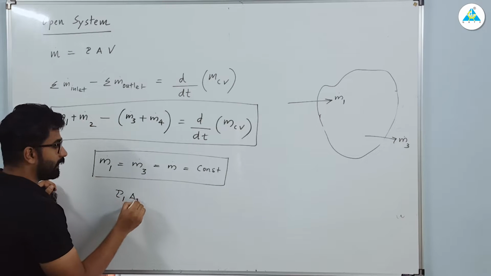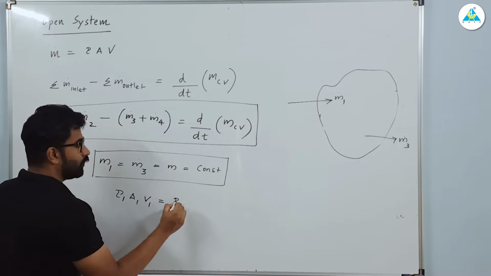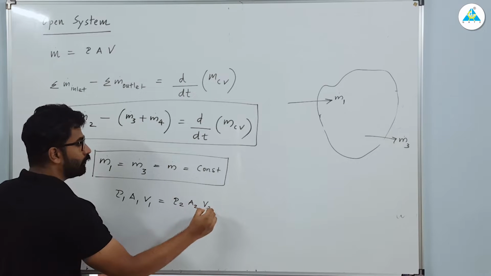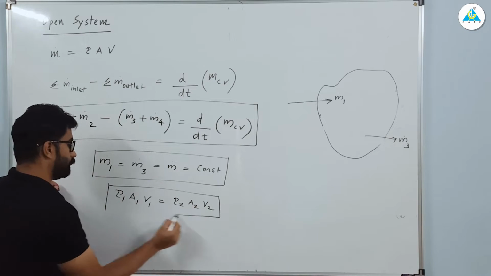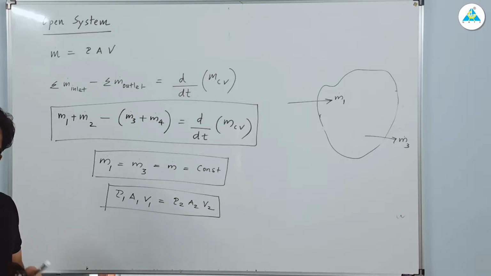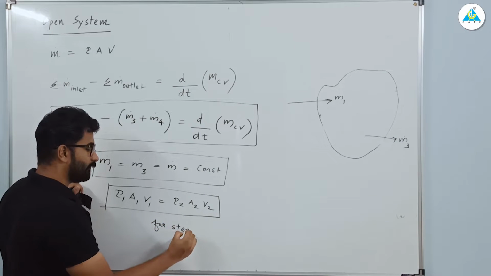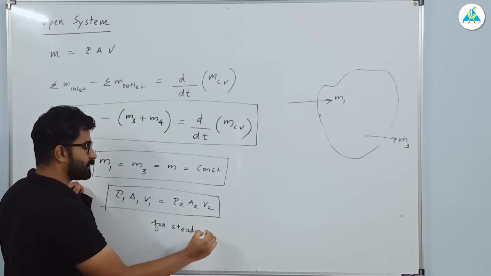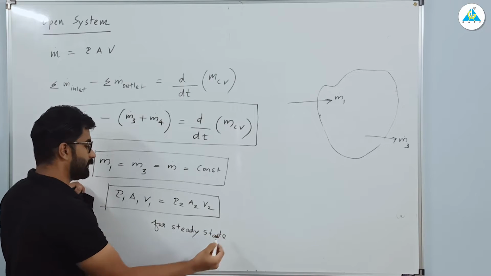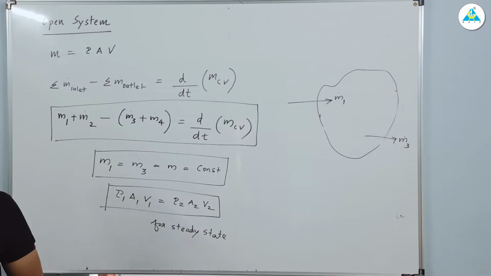Rho 1 A1 V1 is equal to rho 2 A2 V2. This is the case for what? A steady flow process or a steady state process: your mass flow rate will be constant.